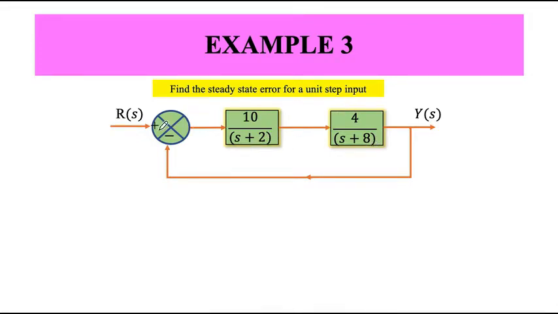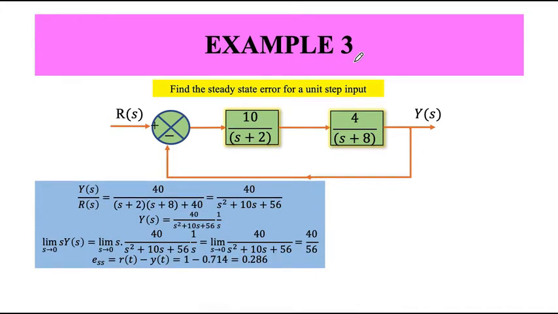Then there is a plus, there is a minus, this is 1, and this is Y(s). The problem is to find the steady state error for a unit step input. If I had done this 3-4 lectures ago, I would have first calculated the transfer function, where G(s) is obtained as 40 by (s plus 2)(s plus 8).